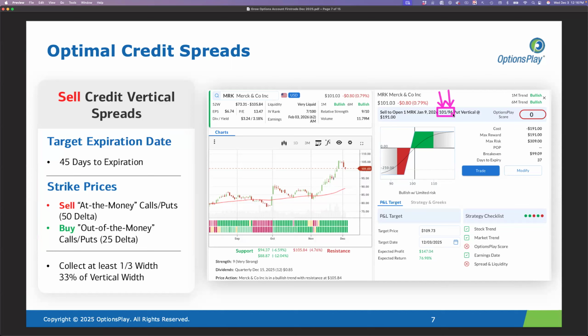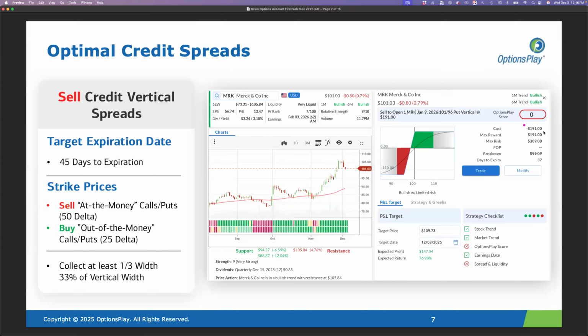The distance between 101 and 96 is $5. So the rule of thumb is that you want to collect 1/3 of that, which is going to be $1.67. That's the bare minimum that you want to collect on a credit spread like this.